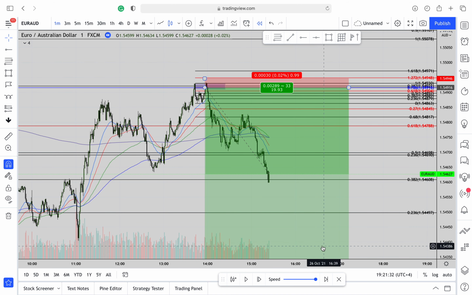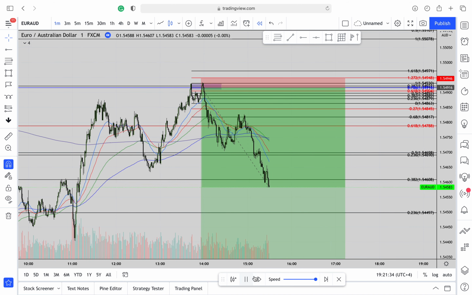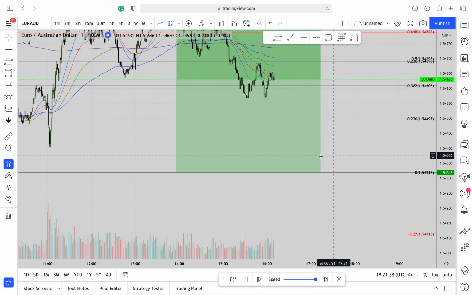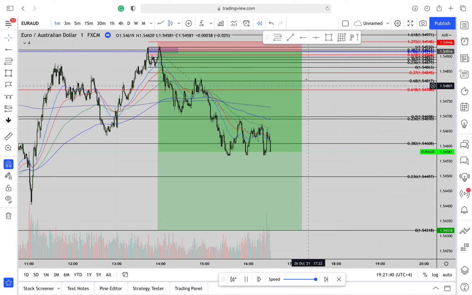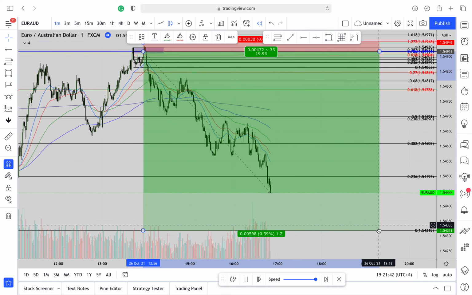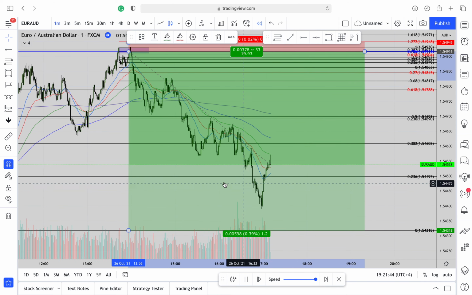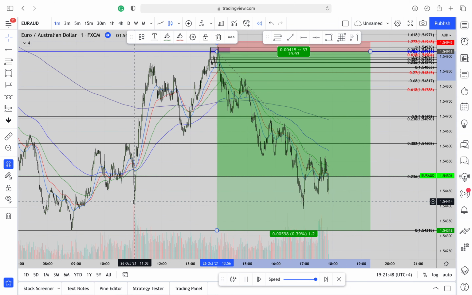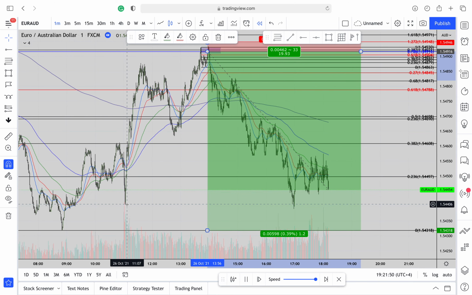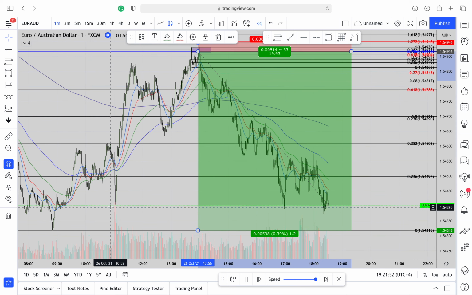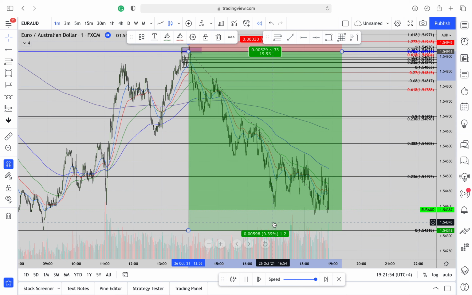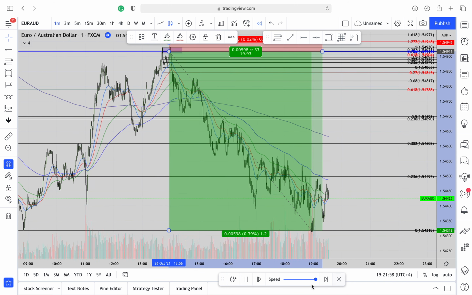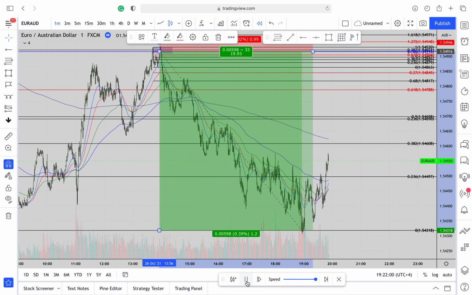So then the market starts moving down, and basically it tapped over there. So I exited my full position there, but obviously I took some profit along the way. So always do that as well. I took some out on this area as well, because it was a strong level for me, and then it took out this and went down and bounced from there a little bit and went down again.